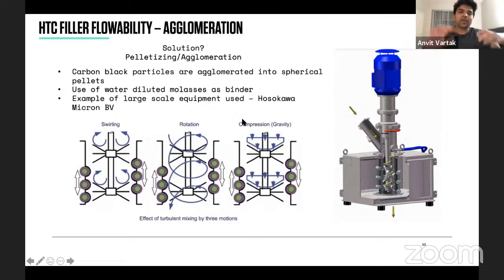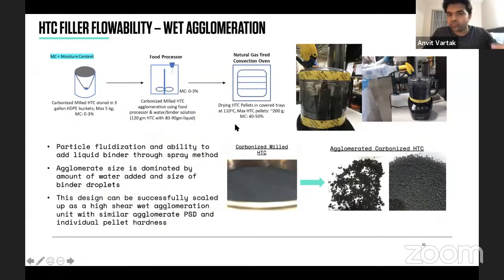So what do you do? You again start looking around for inspiration in day-to-day things that you use. Apply these first principles, the techniques, the science that's used behind making this equipment, and see if you can find anything. And you can think of a food processor doing a similar job, wherein it can raise those fluffy particles, make them swirl and rotate, and with a minor modification of a spray bottle attached to the top of it, you can spray your binder and your particles agglomerate.